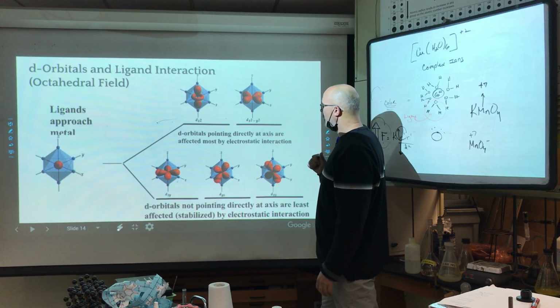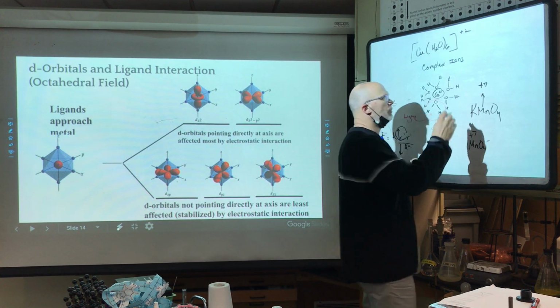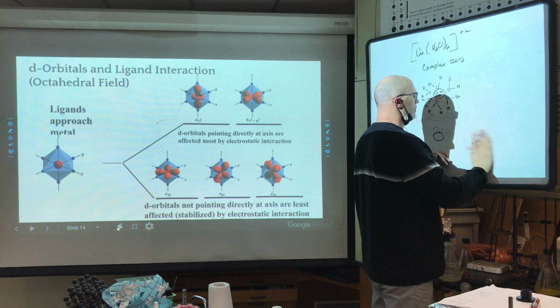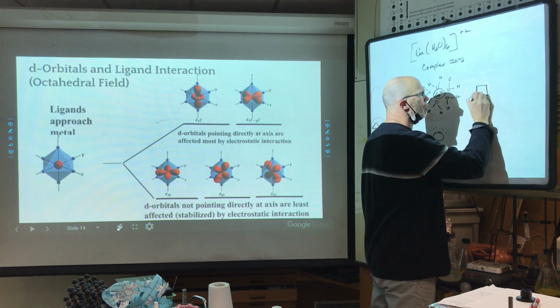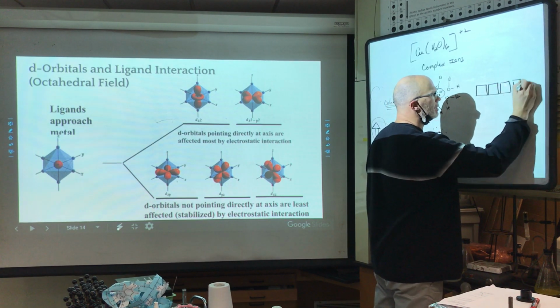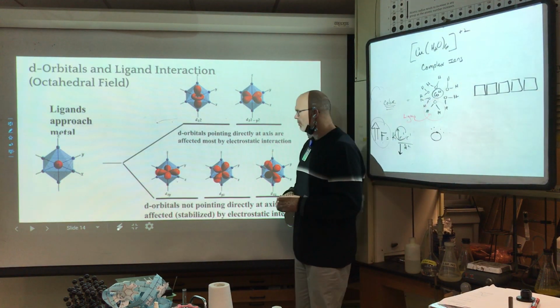Now, we're going to learn that when we draw d orbitals, we like to draw them in what we call orbital notation. We'll draw 5 boxes, and the 5 boxes represent each different shape.